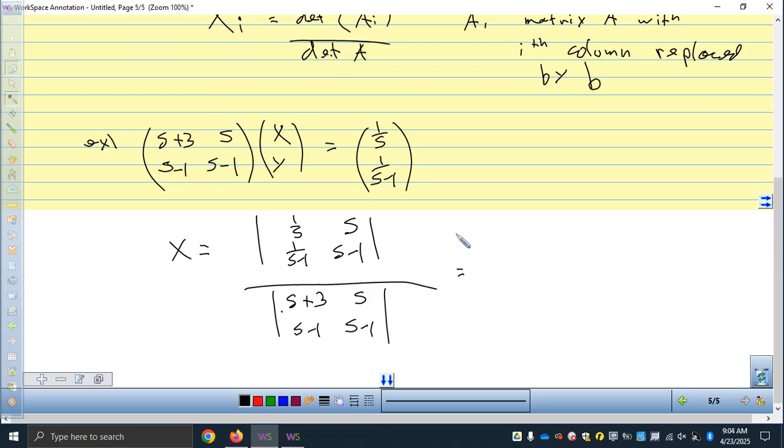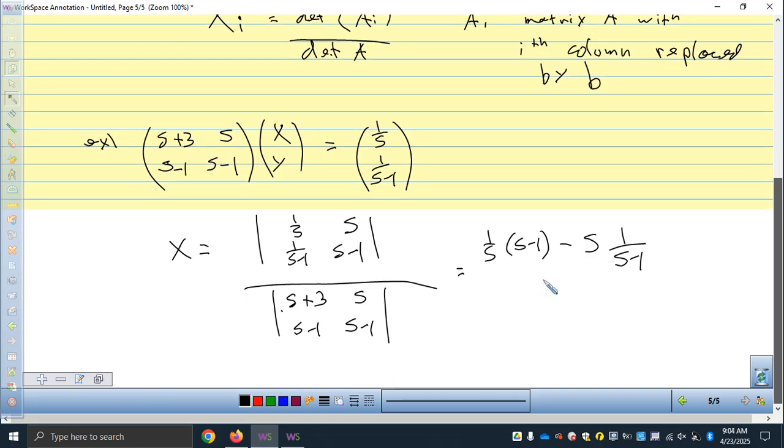So we get, for the determinant here, 1 over s times s minus 1 minus s times 1 over s minus 1, over the determinant here, which is s plus 3 times s minus 1 minus s times s minus 1.